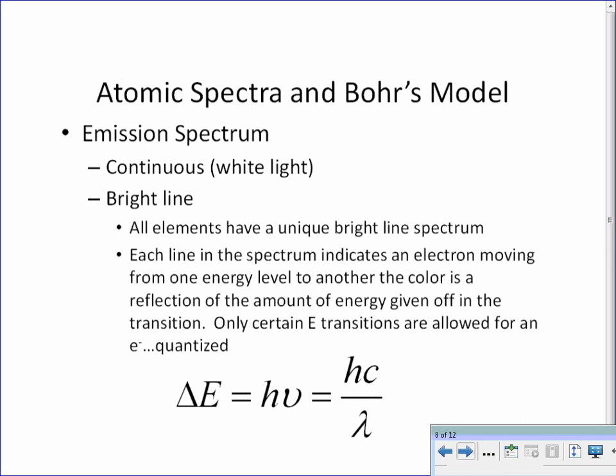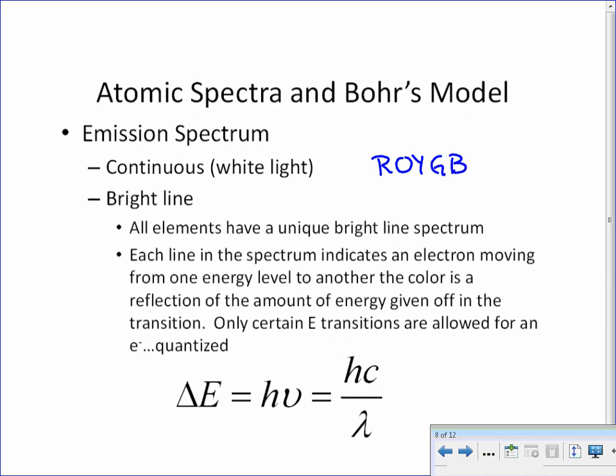Okay, and then Bohr came along with his model, and he was studying the emission spectrums for glowing gases. Planck looked at glowing solids. And we know this, that white light is a continuous spectrum where all the beautiful colors of the rainbow come together, Roy G. Biv, right?